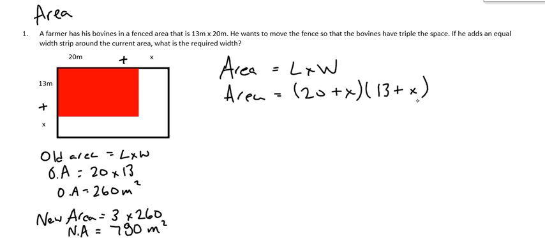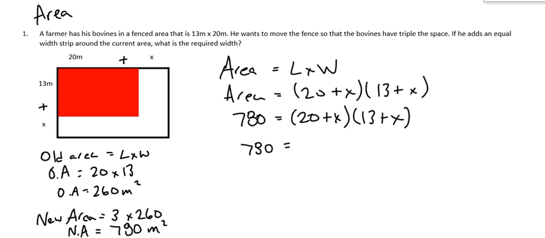So I can do this 2 ways. I can put in the new area. So let's do it first, doing it long, the math way. So the area is equal to 780, and it's going to equal this function 20 plus X and 13 plus X. And I have to simplify that out, so I get 780 still equals, and I'm going to FOIL this at this point.